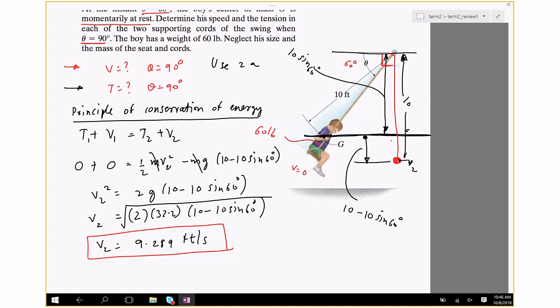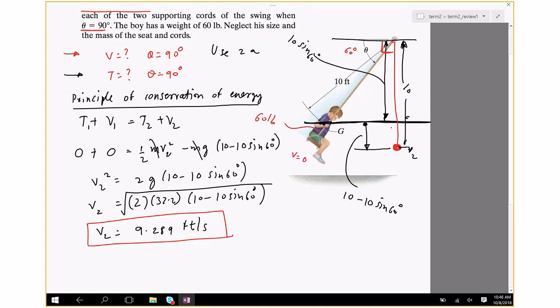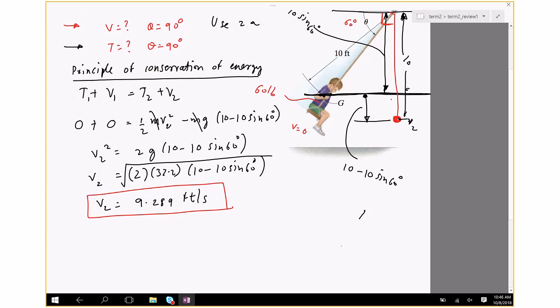So we've got to draw a free body diagram of the system at theta equals 90 degrees. I recommend that you draw a free body diagram at a generic angle theta and then put theta equals 90, because sometimes you miss out on forces if you don't do that. So let's draw a free body diagram at a generic angle theta.